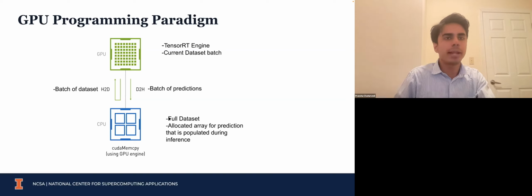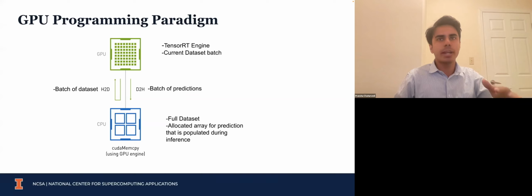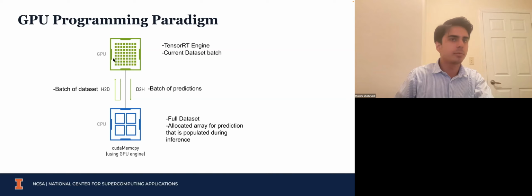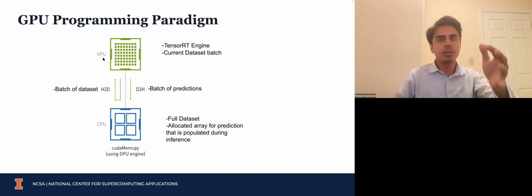We will then use a command called cudaMalloc, which will allocate the appropriate amount of memory on the GPU. This is dependent on the data type that we're going to be using, so the precision format, in our case, is going to be FP32, and also the size of the flattened 1D array representing the full data set. Once we allocate that memory on the GPU, we would use a command such as cudaMemcpy from host to device to copy an individual batch from the CPU to the GPU.